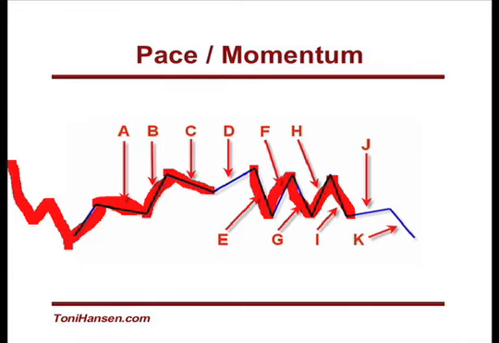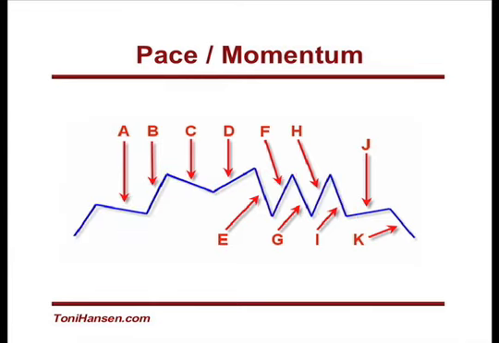So in this example, we had this strong rally here in A, and then another strong rally in B. But the momentum shifted with a stronger pullback here. So that increased the risk that we might not see as strong of an upside move as we saw in those previous two examples.